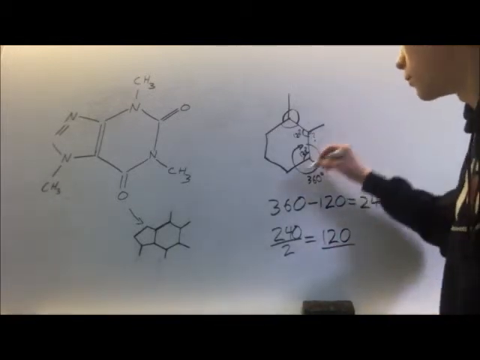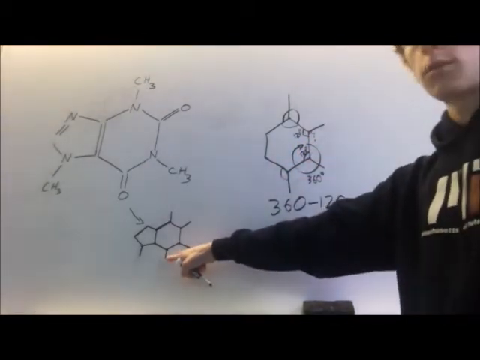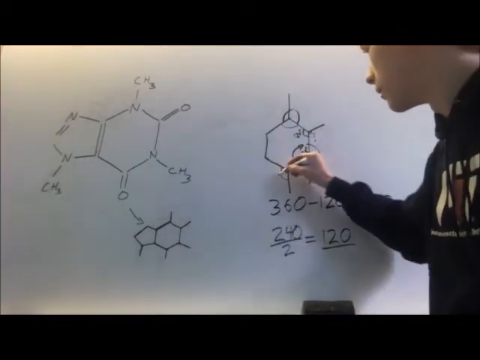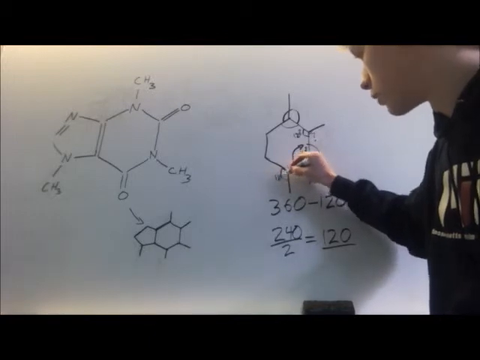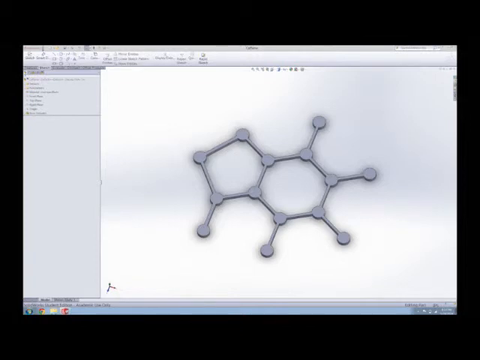Great. So that means that when I have one of these lines coming off the corner of the hexagon, that angle is going to be 120 degrees. With the design and all the angles figured out, I then made a computer model of the molecule that I was working on.